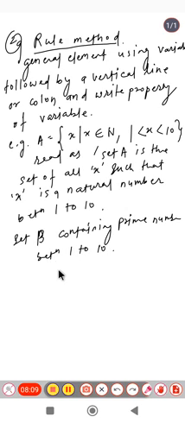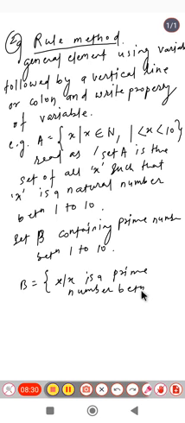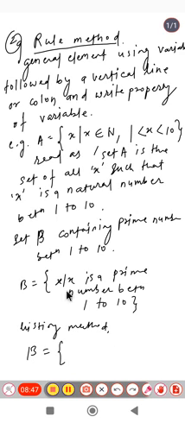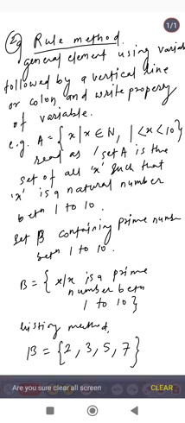Okay, so in the listing method we can write B as the primes from 1 to 10, that means 2, 3, 5 and 7. Understand, these are the two types of the method.